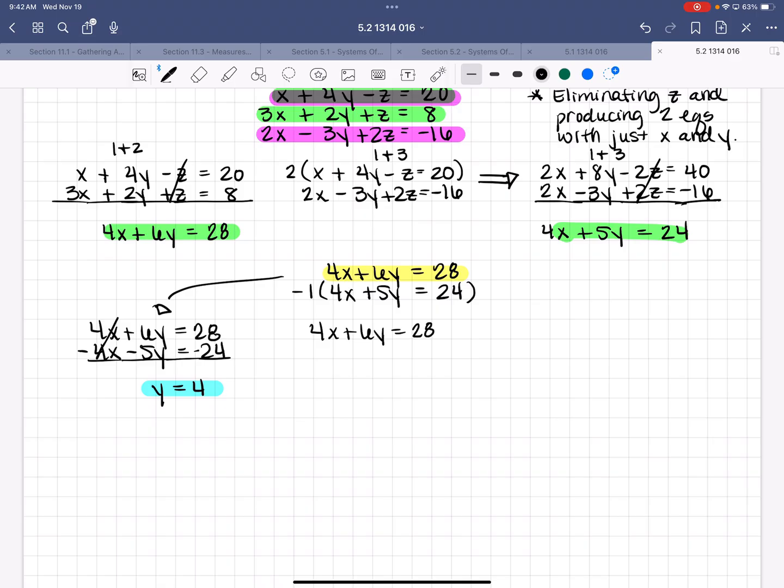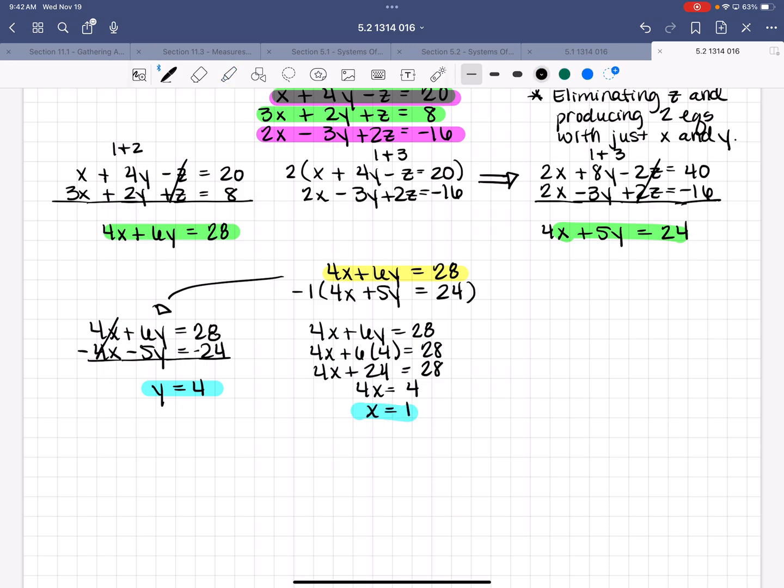So that's going to give me 4x plus 6 times 4 equals 28. So I get 4x plus 24 equals 28. I get 4x equals 4, right, when I subtract the 24 over. And then that gives me x equals 1. Woohoo! I got 2 of the 3 of them.